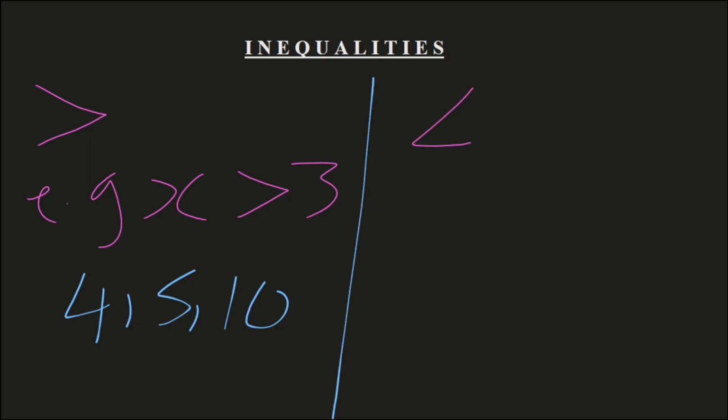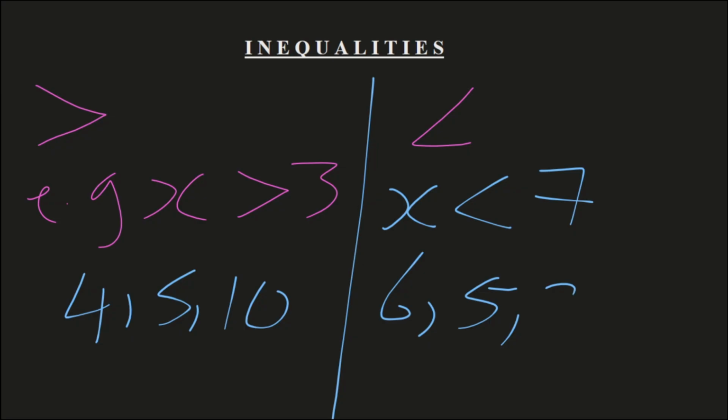Less than. This means a value is smaller than another. Example: x is less than 7. So x can be 6, 5, 2, or any smaller number.